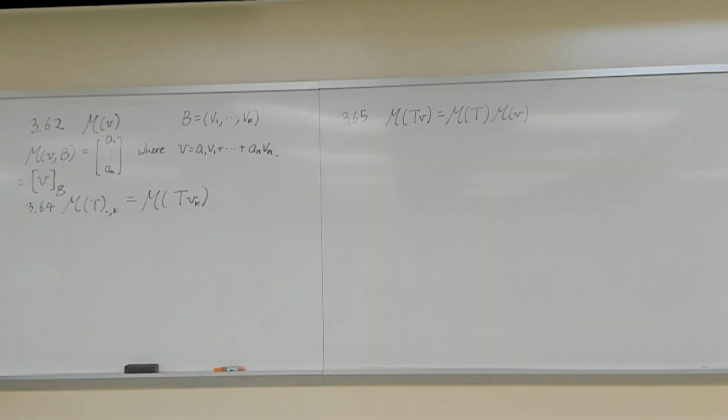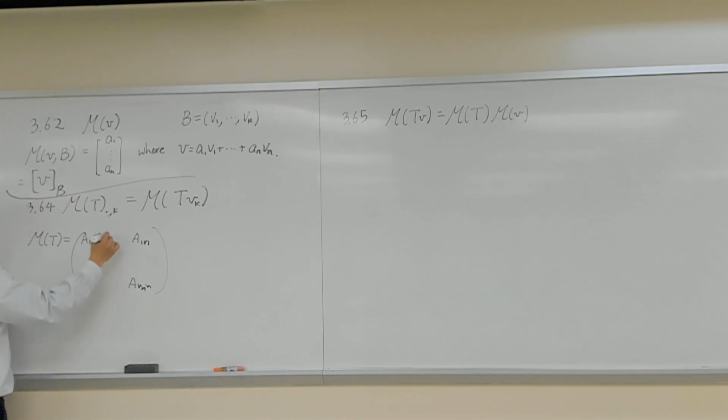Okay. So an obvious consequence of that is the following. If you have the matrix of T, let's say the matrix of T is A11 through Am1 down the first column, and A1n through Amn in the last column.